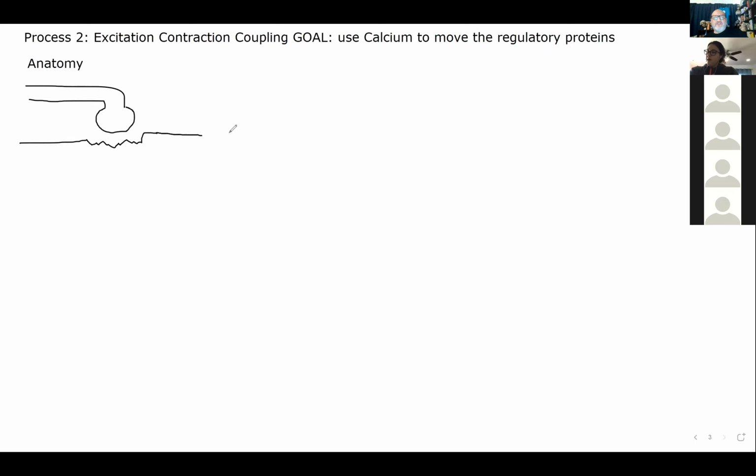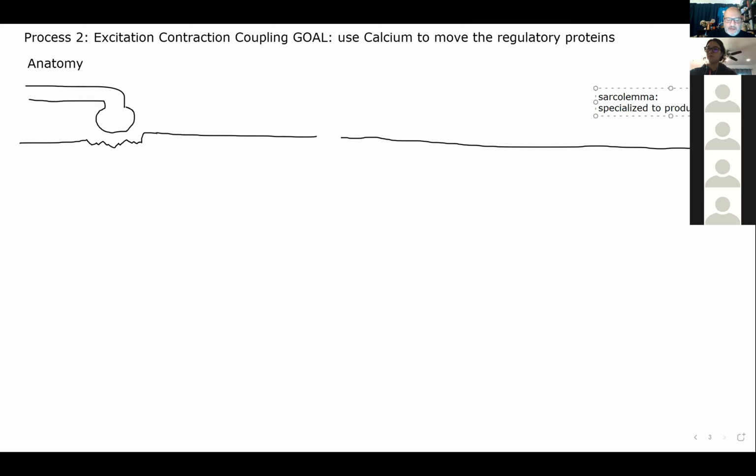But now we need to expand our anatomy. This, of course, is our sarcolemma. And remember, our sarcolemma is just a fancy name for a plasma membrane. But the reason we give our plasma membrane a special name, as we talked about, is our sarcolemma is specialized to produce and propagate an action potential.